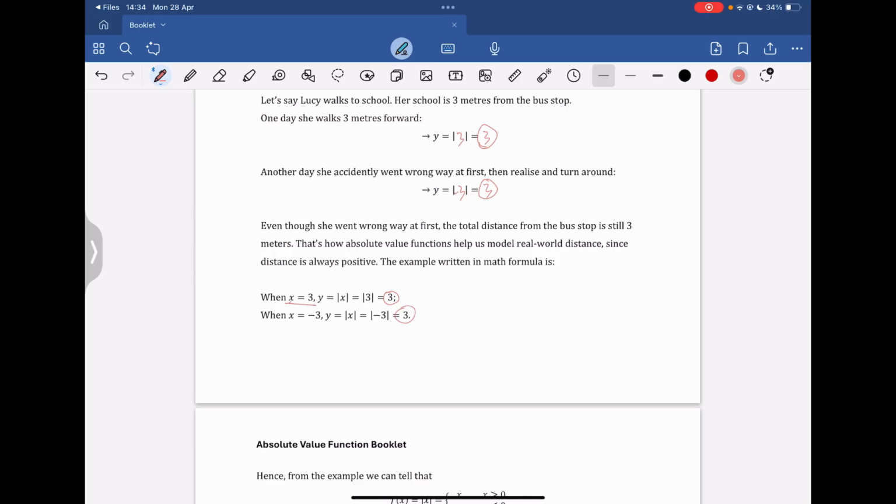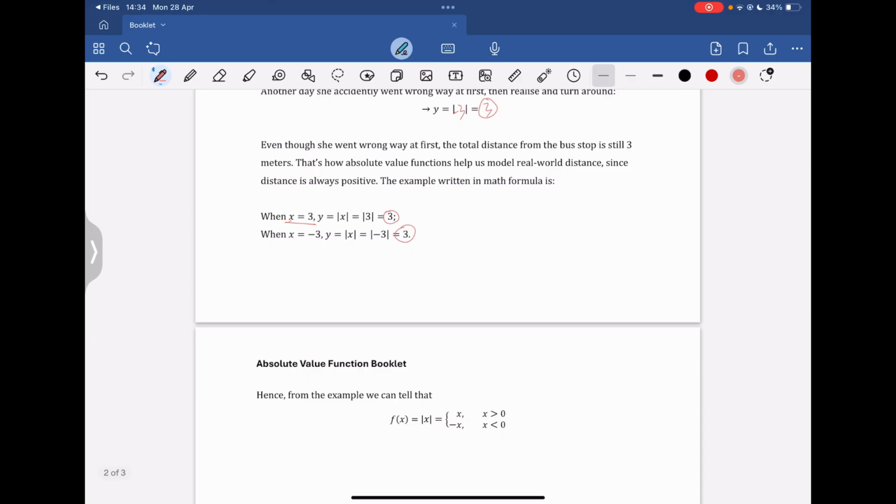Very good. Now, the absolute value function. From the example, we can tell that if we have f(x) equals absolute x, x can be positive or negative. So when x is greater than 0, the absolute value is x itself.